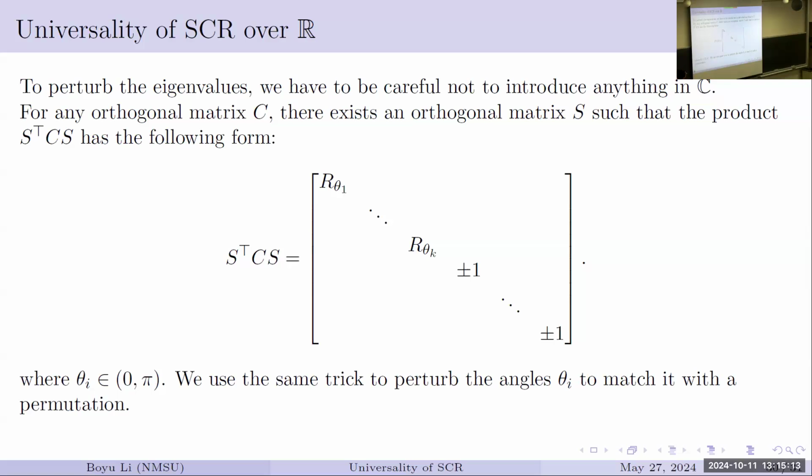You can find a real matrix S to put this orthogonal matrix in a standard form. It's not exactly diagonalized, but once you have that, the idea becomes very similar. Instead of perturbing your eigenvalue, you know your eigenvalues come in blocks, so they correspond to a rotation.